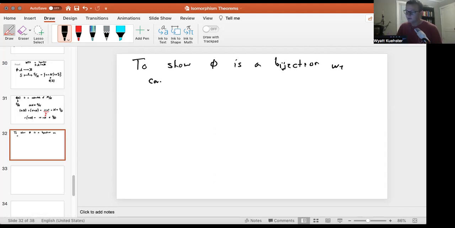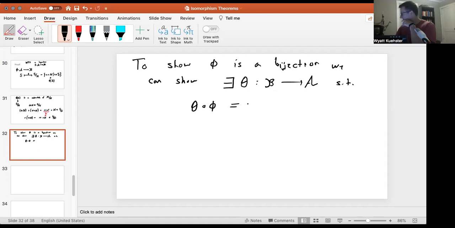We can show there exists another map theta from script B to script A such that theta composed with phi is equal to the identity on A, and that phi composed with theta is the identity on B. Right?